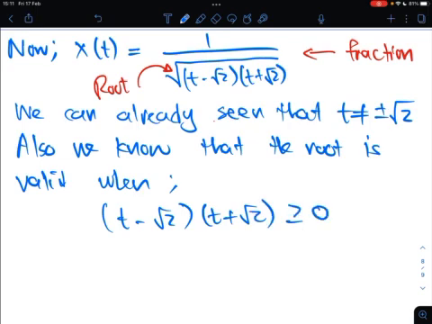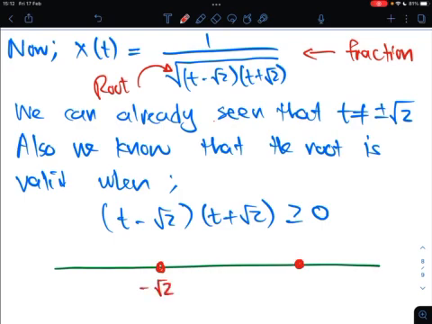This is now a quadratic inequality, and from high school we know how to solve something like this. We draw a number line and indicate the two critical values, negative root 2 and positive root 2.